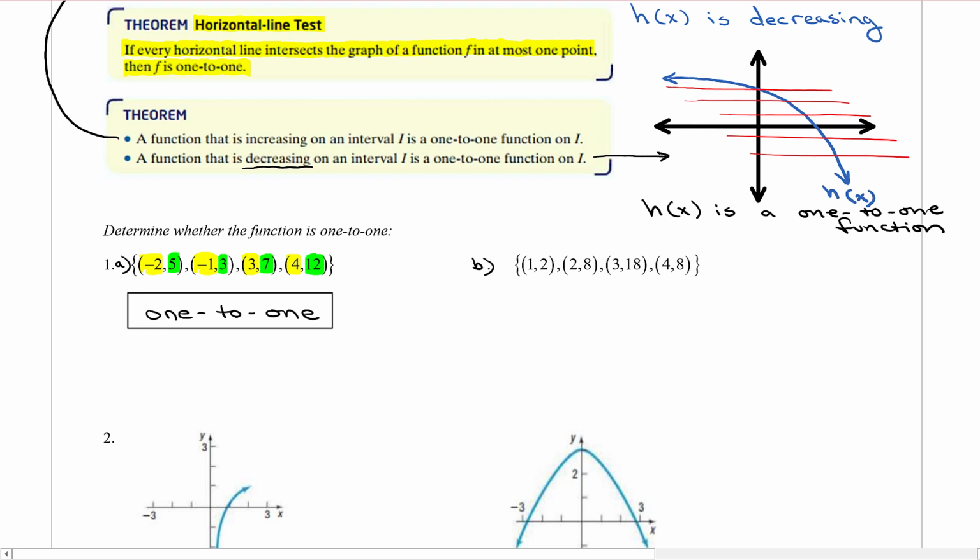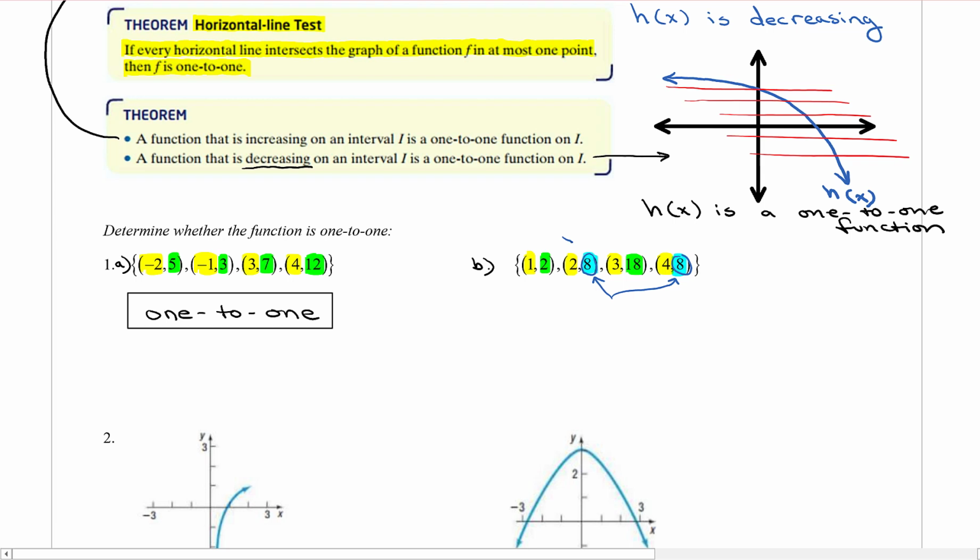B, I look at all the x's. All of my x's here look like they're different. I've got a 1, a 2, a 3, a 4. And then if I look at my y's, I can already tell we have an issue, the 8. I can already see we have two y's that have the same value of 8 with different x values.